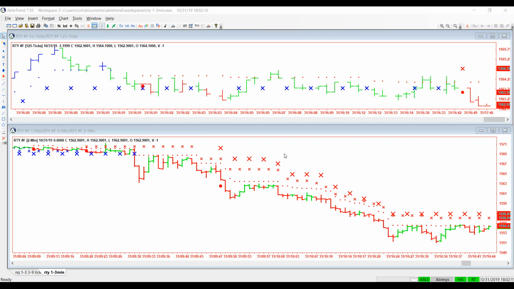Okay, so let's jump in and take a look. So we've got a Russell chart up here, and I use a 55 and a 125 tick. The reason is that you have to have a faster chart as the tick chart, but the point is it needs to be able to calculate enough contracts.